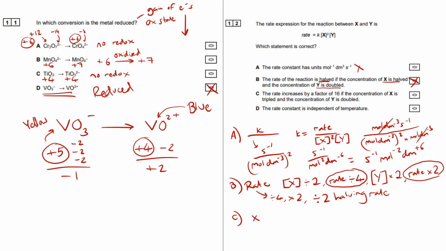So overall the rate will times by 18, not increase by a factor of 16, it would be a factor of 18. So that's incorrect. And the rate constant is never independent of temperature. As temperature increases, the rate increases exponentially, which means the rate constant increases exponentially as well. So that's an incorrect statement.